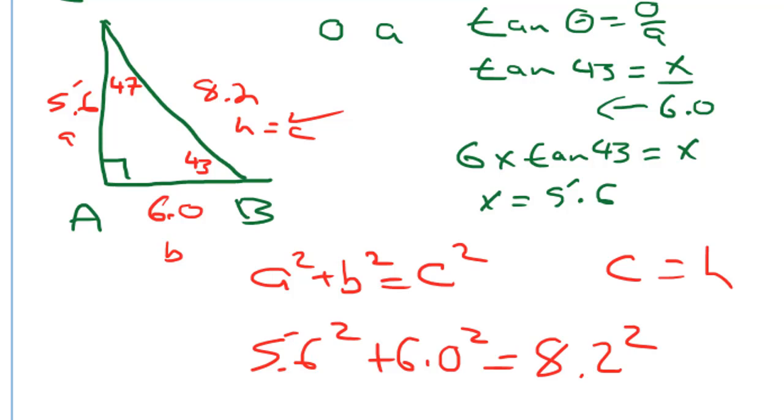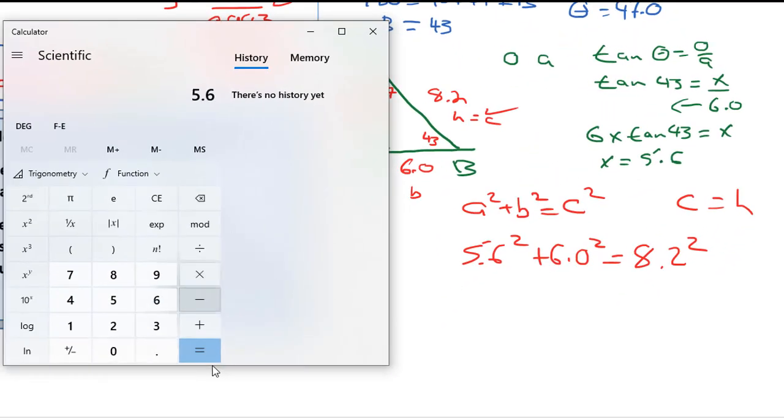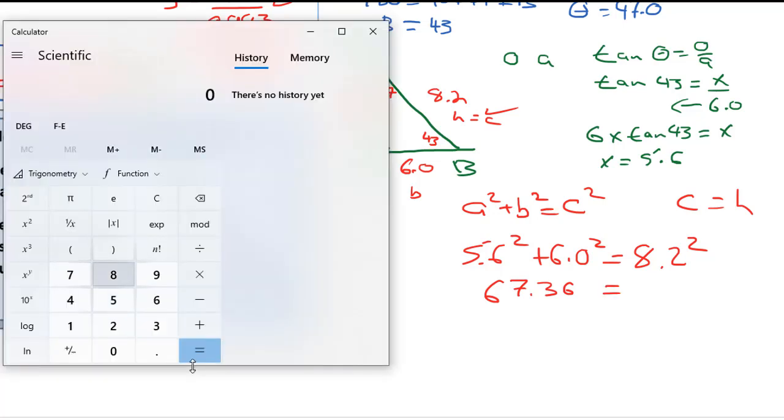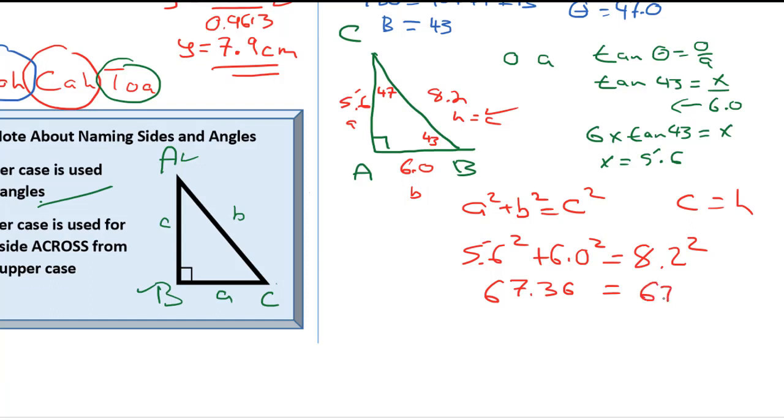Pulling up my calculator, on my left side of the equation I get 67.36, and on the other side of the equation, 8.2 squared, I get 67.24. Not exactly right, but there is a little bit of rounding involved here. If we had kept more significant digits in our answers, it would be more accurate.